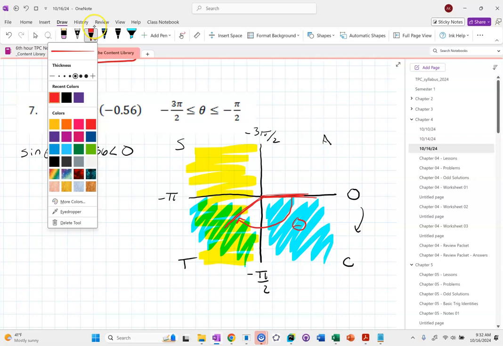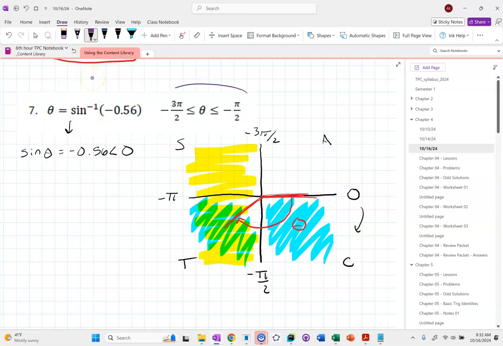How do you know which way you go? If theta is between two negative numbers, that means theta is negative. Negative answers go clockwise. Positive answers go counterclockwise. So I'll draw in my alpha.